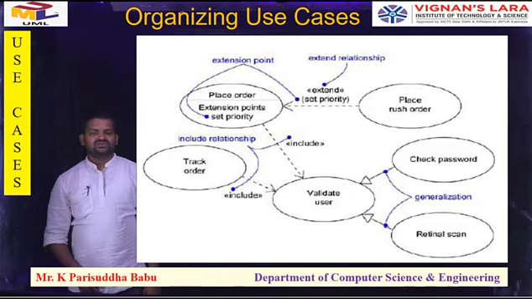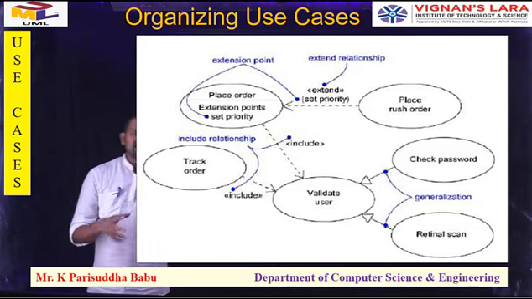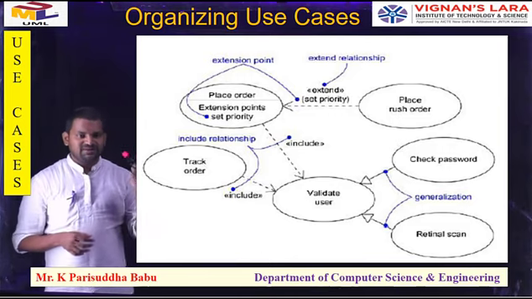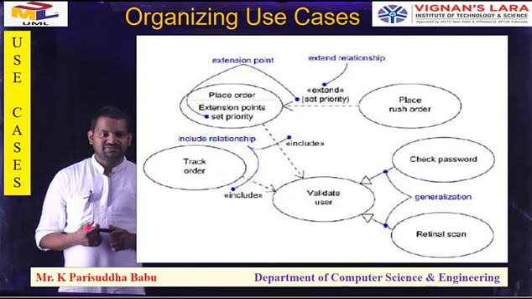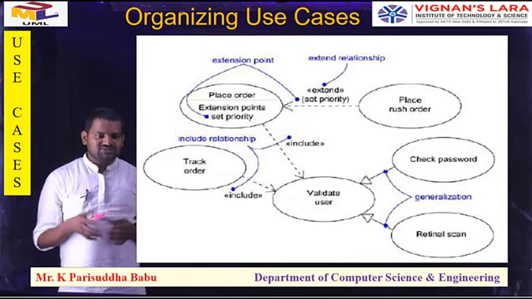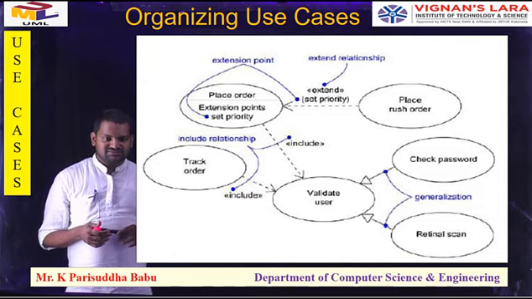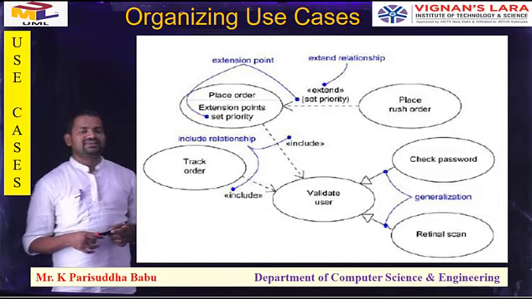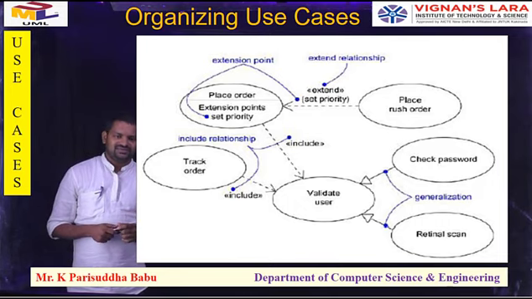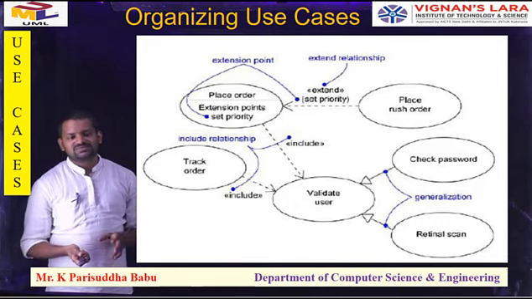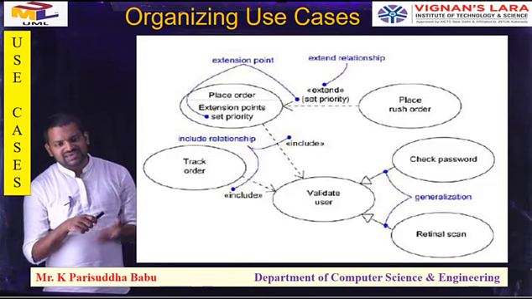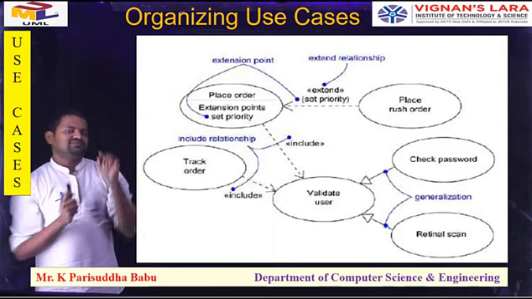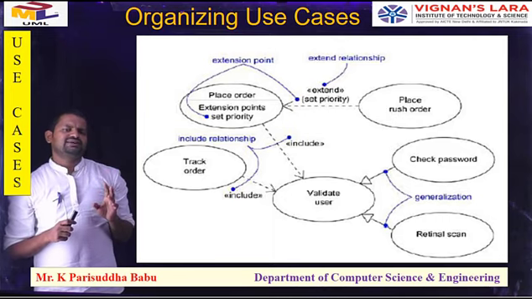Likewise, we have to represent the organization of use cases. In this example, the organization of use cases represents different ones: place rush order, check password, validate user, likewise information available in a particular use case diagram. The organization of use cases is represented with the help of adornments which are very useful in use cases.